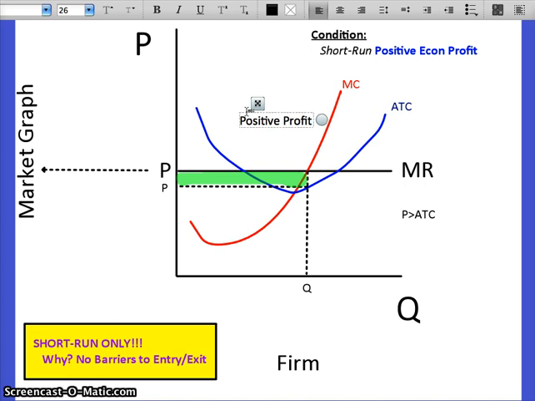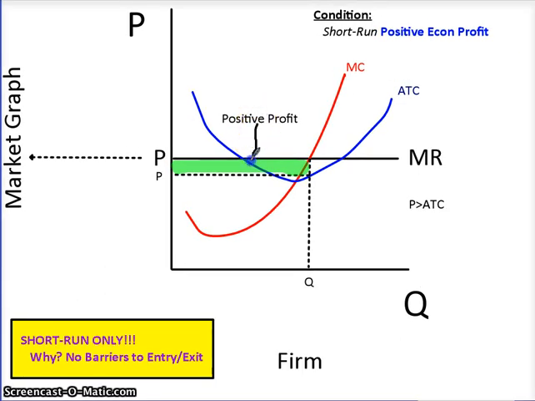All right, we want to label that positive profit, and then we want to draw an arrow. The shaded area is the area of positive profit. At the firm's profit maximizing level of output, this firm is earning a positive economic profit because price is greater than ATC. This is the area of profit that's been shaded and it's been labeled.